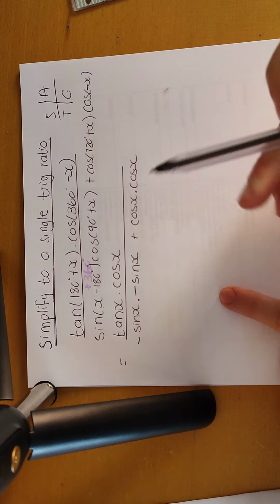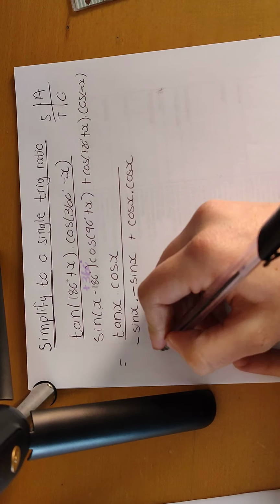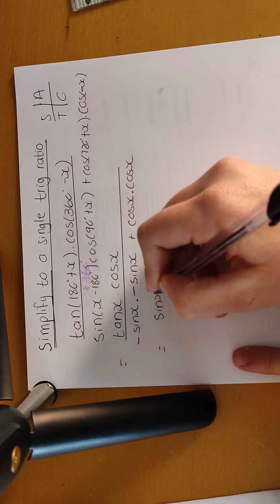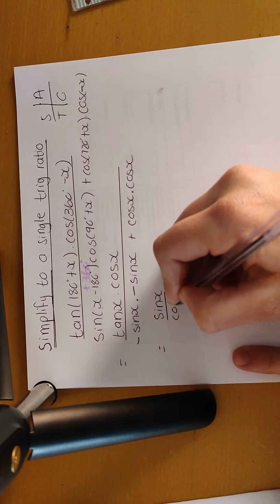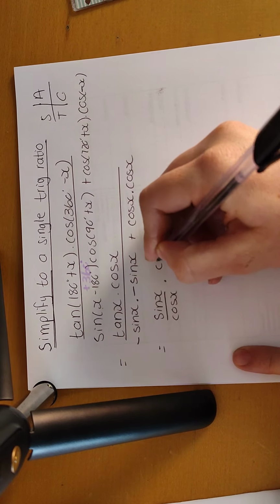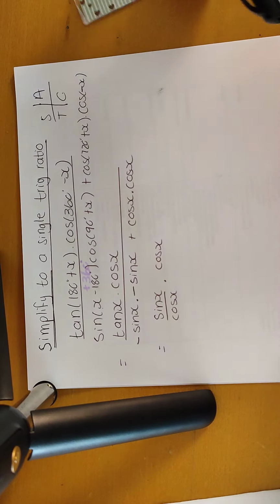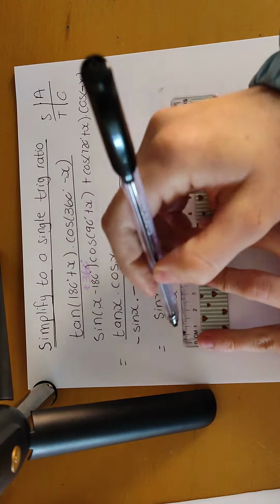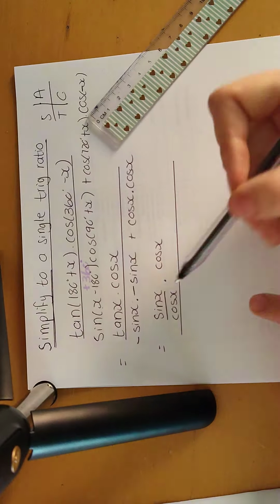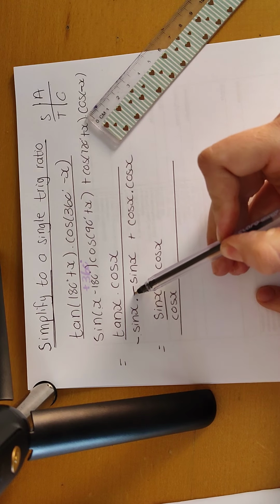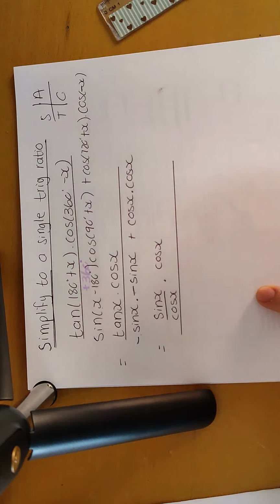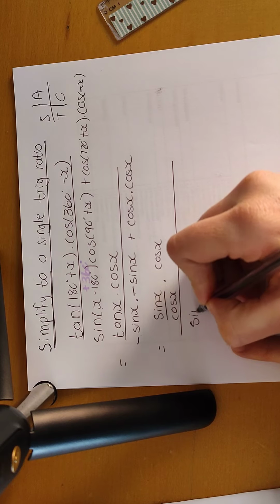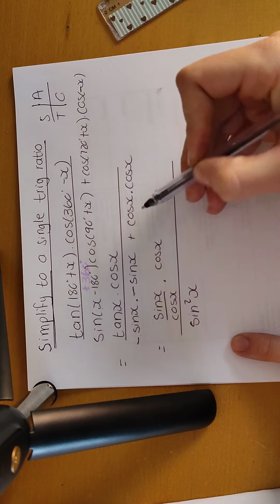If I have tan x, I can change it to sine x over cosine x, and then it times by cosine x. Excellent. Okay, a negative times a negative is a positive. Sine x times by sine x gives you sine squared x.